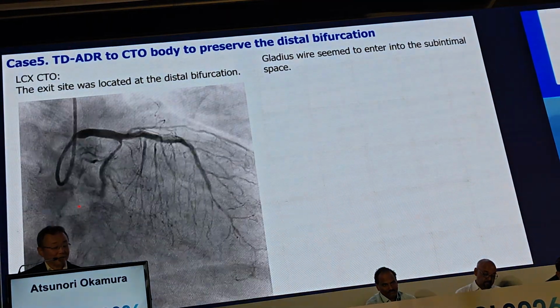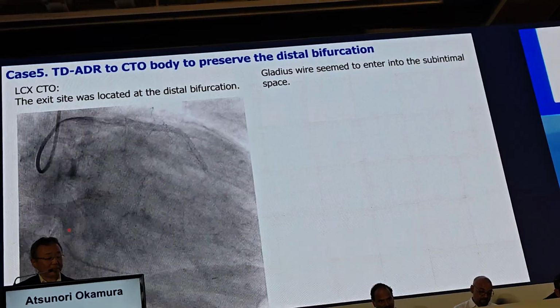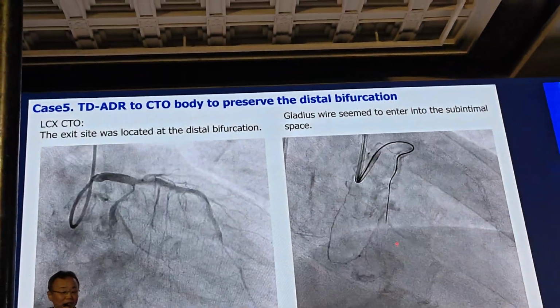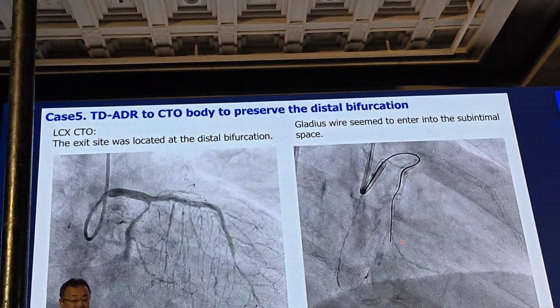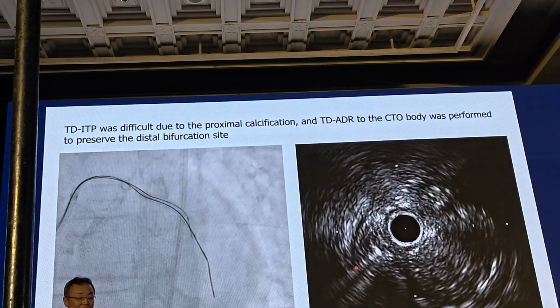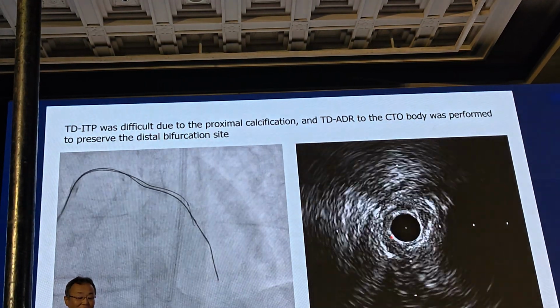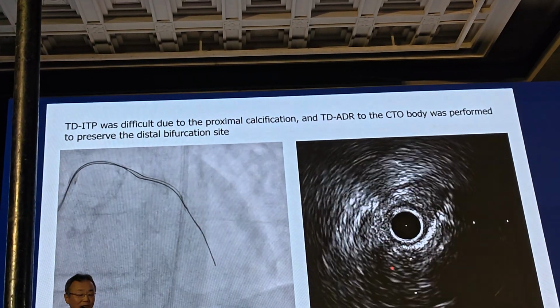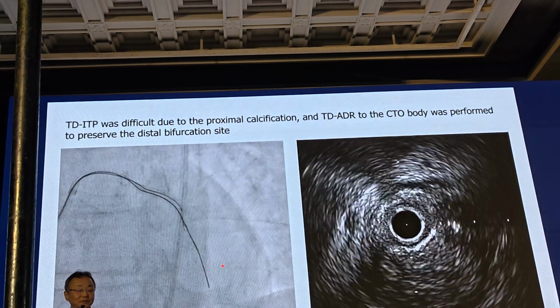So this one, bifurcation region, this part. I tried to do the angle wiring, but it failed. So I did a tip detection method, and I re-entered from the subintimal space of the CTO body to preserve the distal bifurcation.